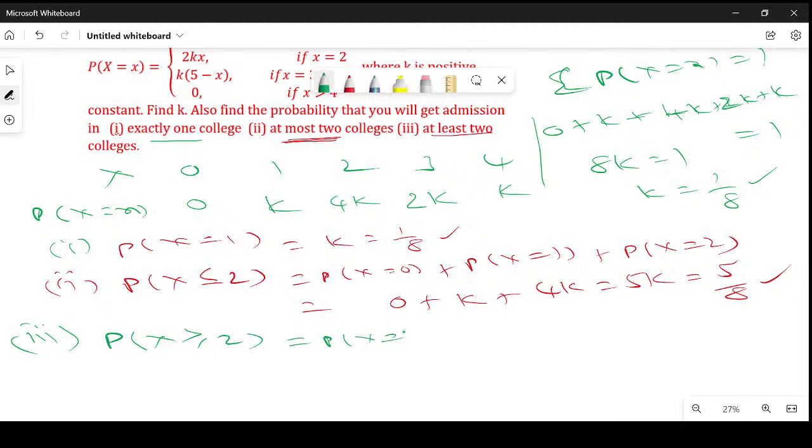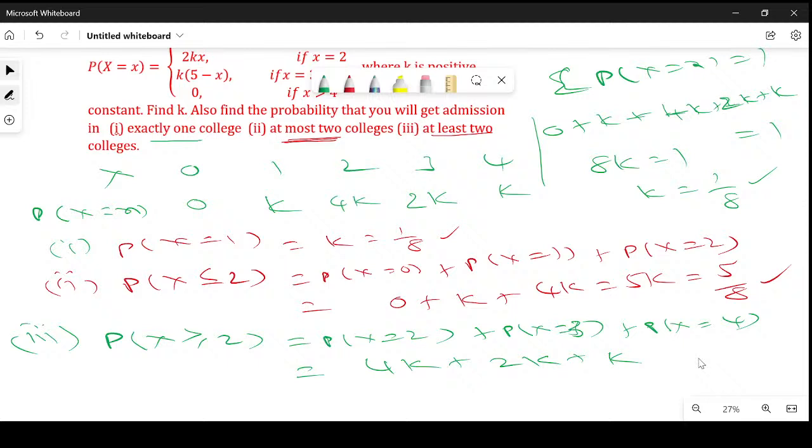So P of x equal to 2, plus P of x equal to 3, plus P of x equal to 4. But we know that P of x equal to 2 is 4k, P of x equal to 3 is 2k, and P of x equal to 4 will be k. Total we have 7k.